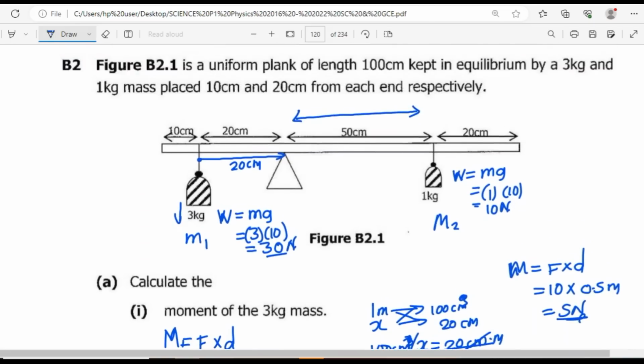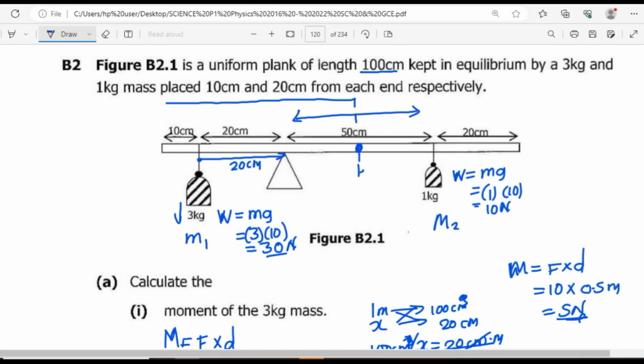So there should be another force that is helping these to balance. Now let's look at this meter rule. It has a length of 100 centimeters. If we are able to find half of this distance, we'll be able to calculate the force that was applied by this Newton meter.